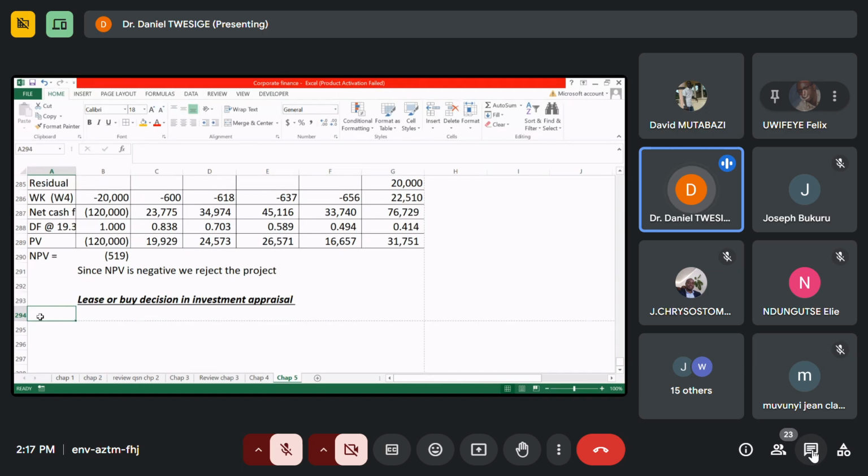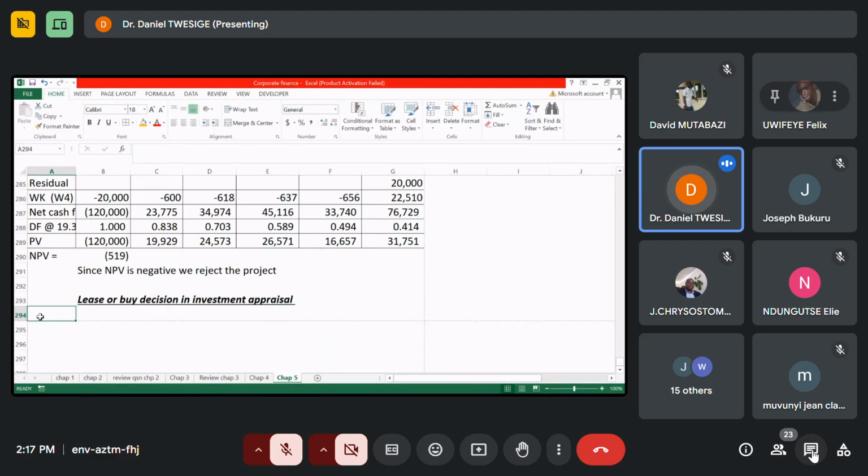So now if you look at this, we are evaluating whether to buy an asset or lease an asset. So what's going to be the basis of the decision to make? Where you are minimizing cost. Suppose you want machines, and you're evaluating whether you should acquire those machines by buying them, or by leasing.